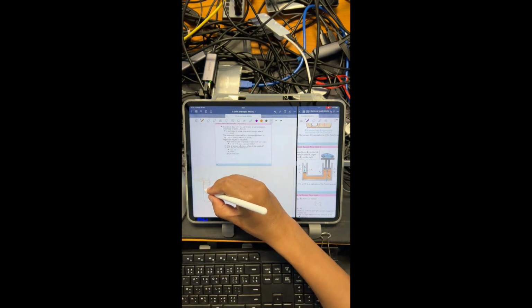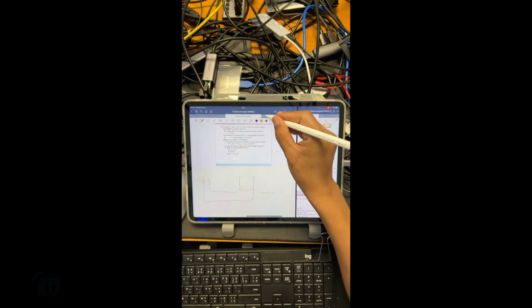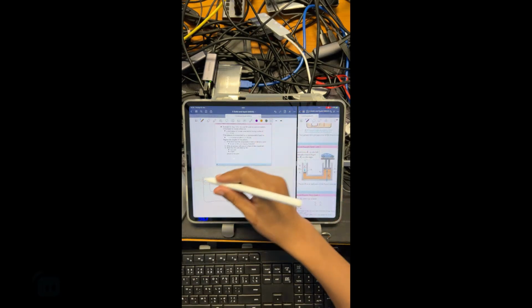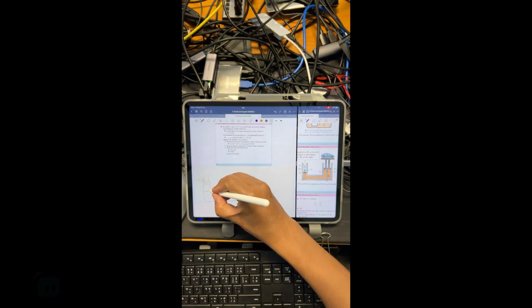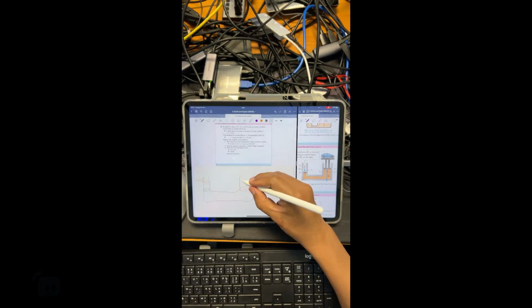Okay, that's the initial state, and you compress it, right? And you compress it, it's going to be at the second state, right? It's like this. Okay, this one will move downward, right? And the piston will stay at the lower position, like this. Okay, and what is this?